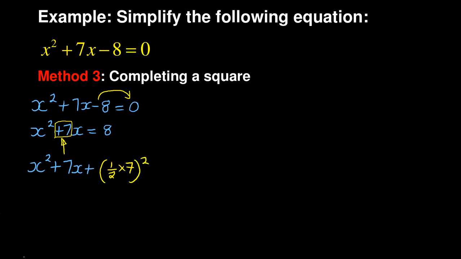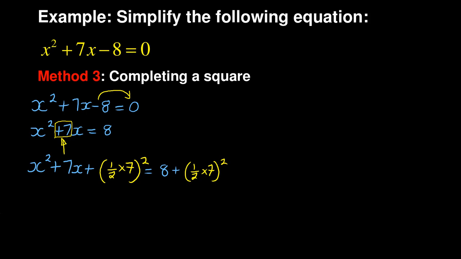So by doing that is equal to, remember, it is equal to 8, but what I do on the left hand side, I must also do on the right hand side. So I'll also say plus, in this case, half the coefficient of x, which is 7, and then everything I put a square. So this is what they mean when they say complete a square.